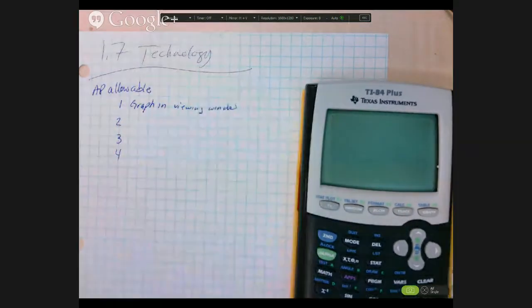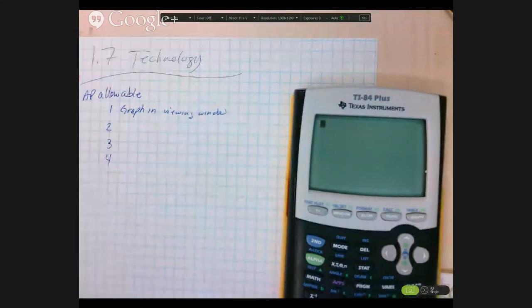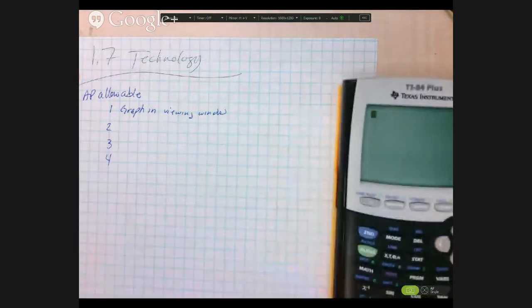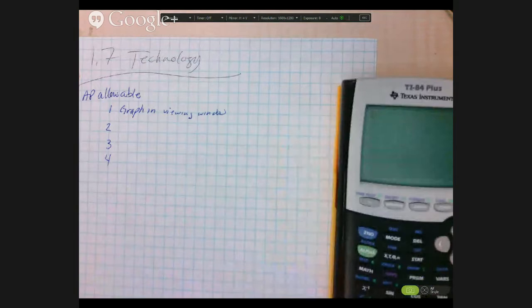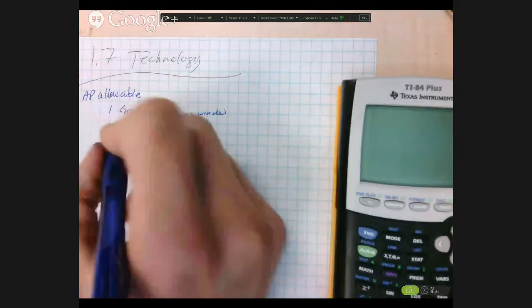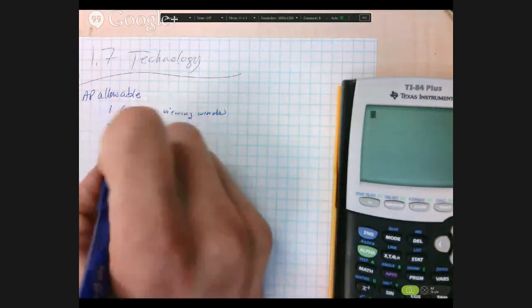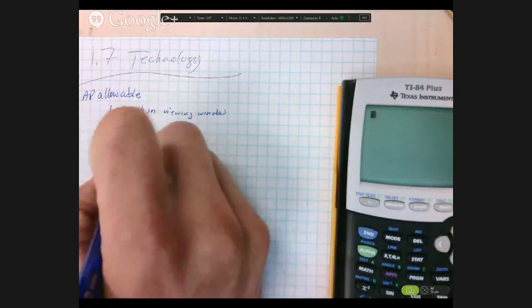Number one. Next: numerically calculate the value of a definite integral. Okay, I have all four of them.